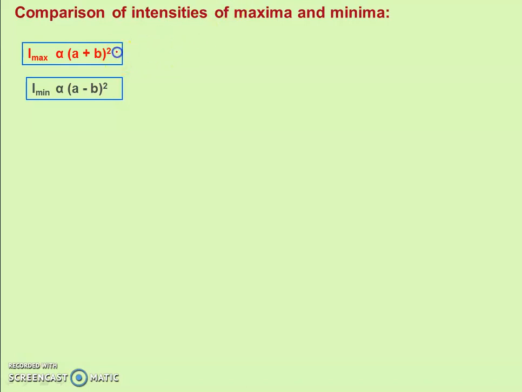This is the intensity of constructive interference, the bright fringe, and this is the intensity of minima, the dark fringe or dark band. Now, if we divide equation 1 by equation 2, we get I maximum by I minimum equal to (A plus B) whole square divided by (A minus B) whole square.